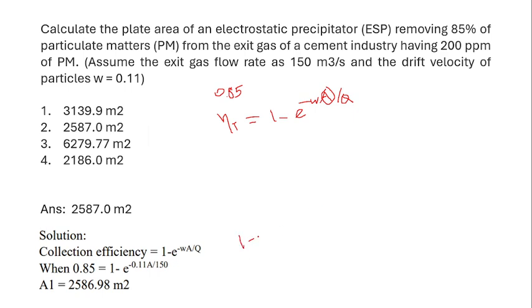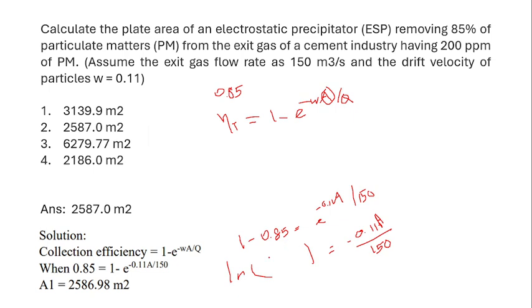Then we rearrange this equation: 1 minus 0.85 is equal to e power minus 0.11 A divided by 150. We need to take the logarithm on both sides, so take ln on both sides, and ln of 0.15 is equal to minus 0.11 A, whole divided by 150.